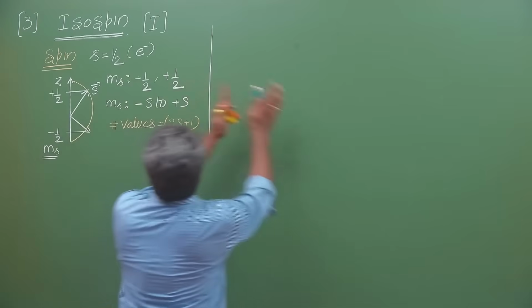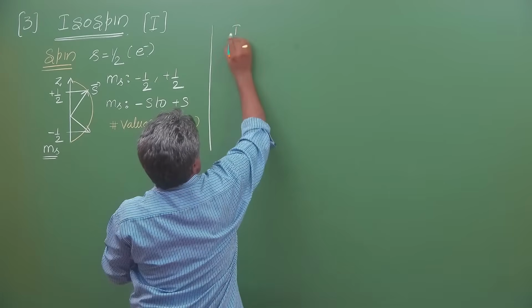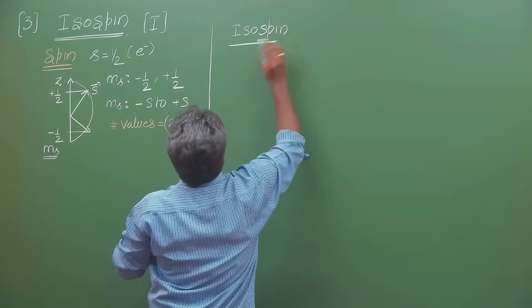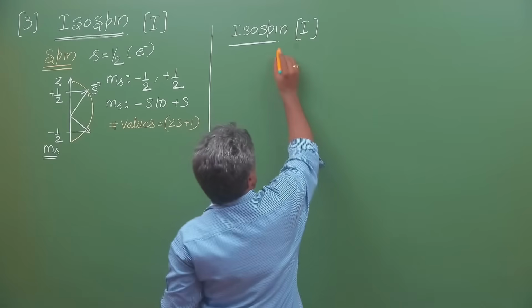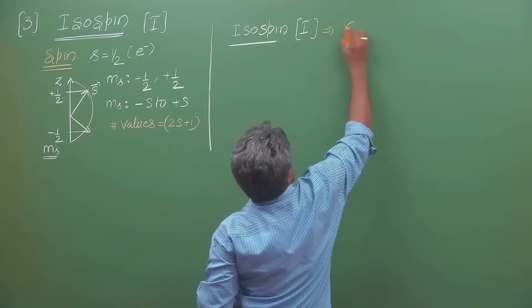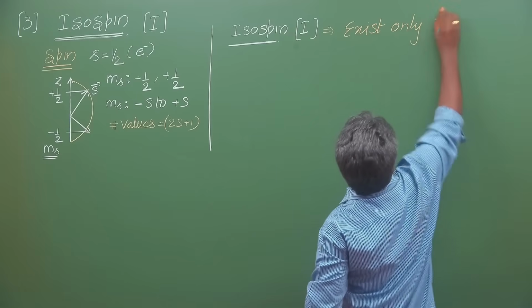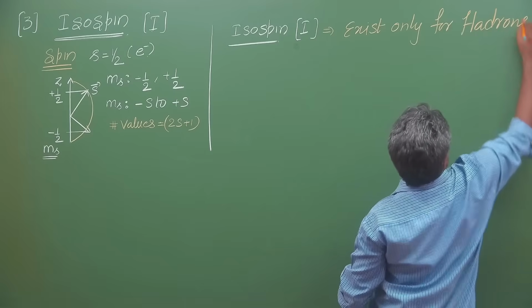Now let's come to the isospin. Similar to spin, we have this isospin character. And the most important thing, isospin exists only for hadrons.